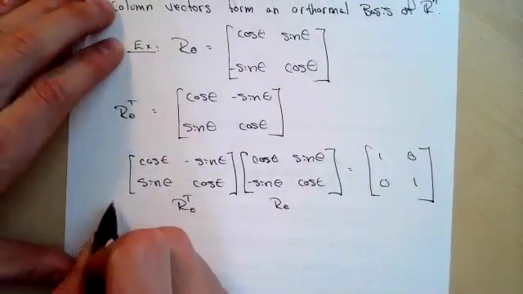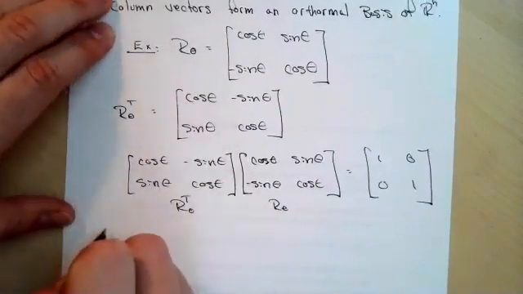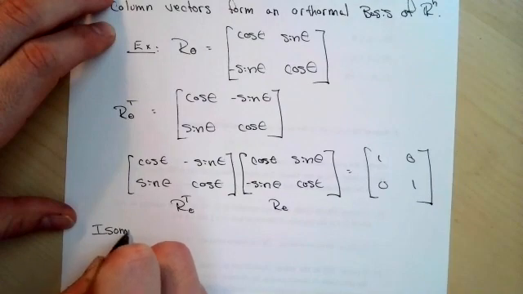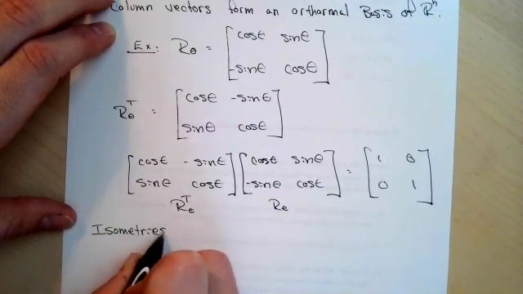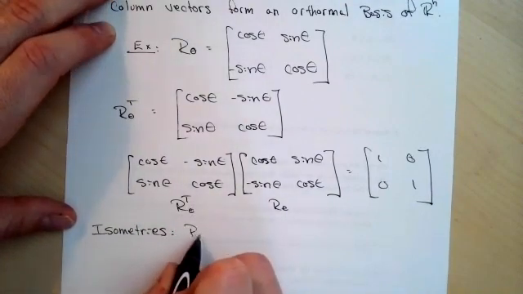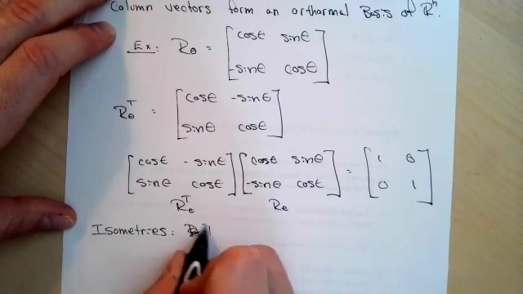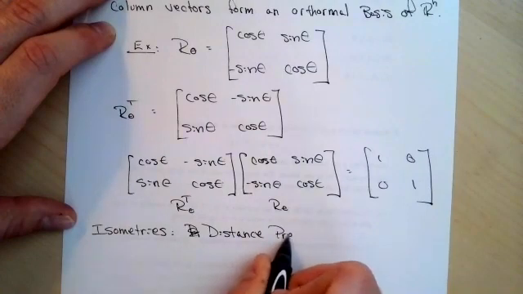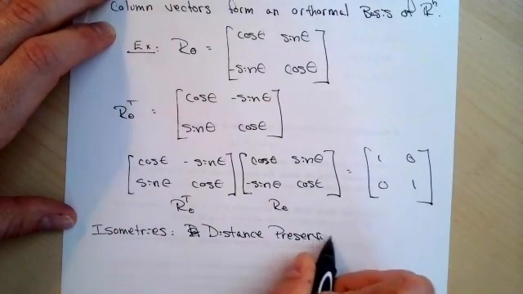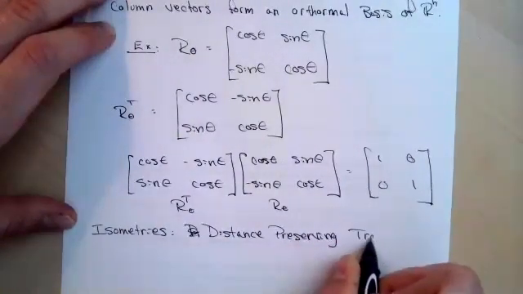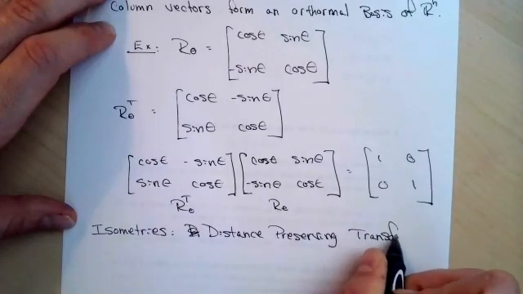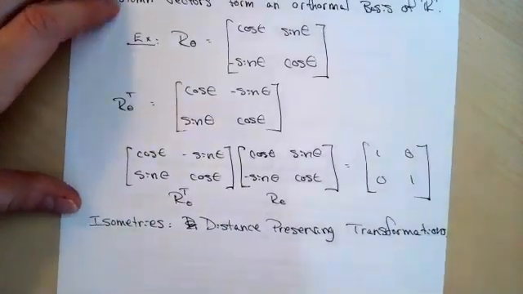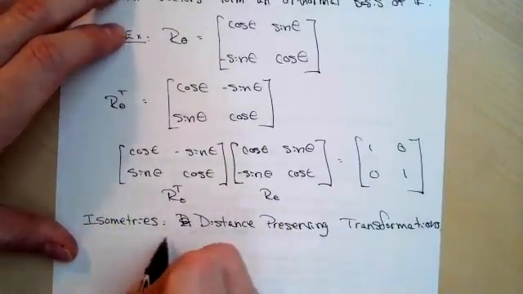And so this is a special case of what are called isometries. Let's call them distance preserving transformations. And not only are they distance preserving, but they're angle preserving as well.